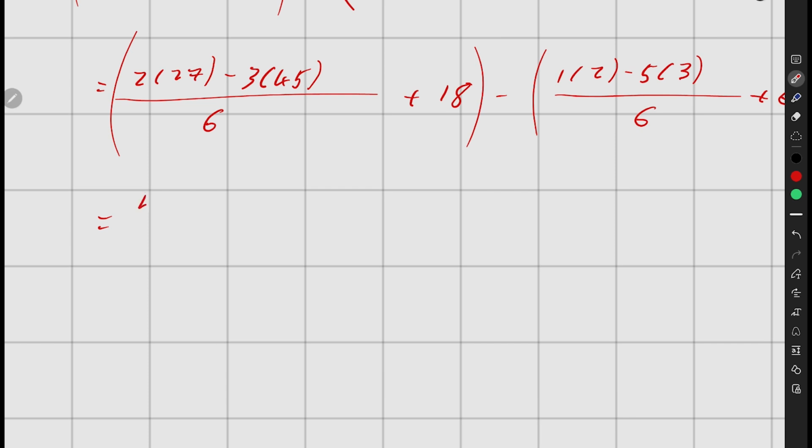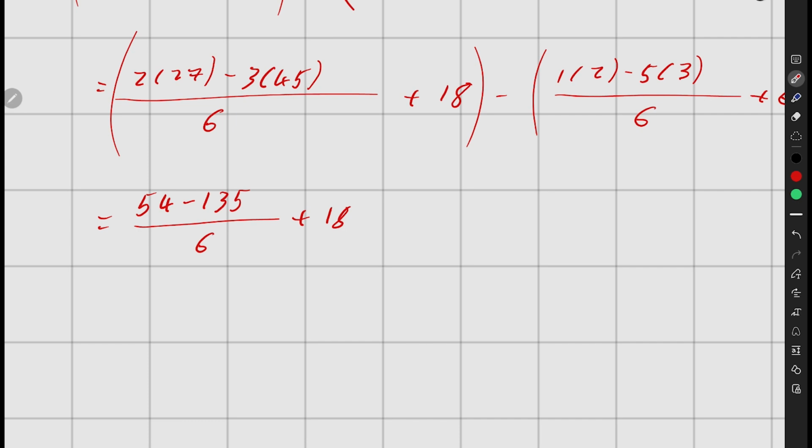That's going to be equal to 54 minus 3 times 45, which is going to be, I think, 135, divided by 6 plus 18. And again, I'd suggest just doing this on your calculator.